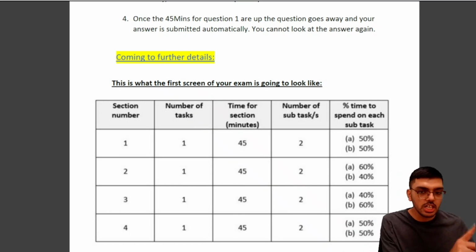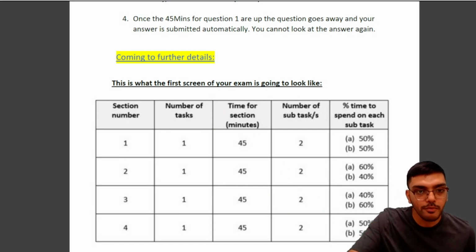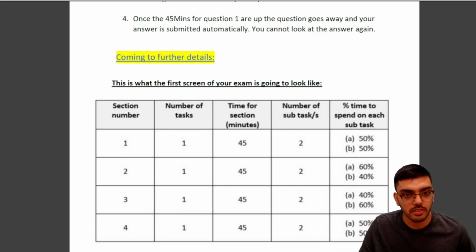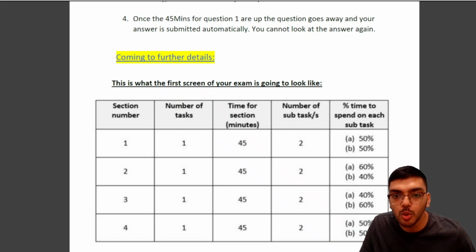I told you that for each question you'll get 45 minutes. Now for each of these questions, this is the first screen that you'll see in the actual exam. This is to give you a feel of what it looks like. So you'll see section number 1, 45 minutes. You'll see sub-tasks 2.